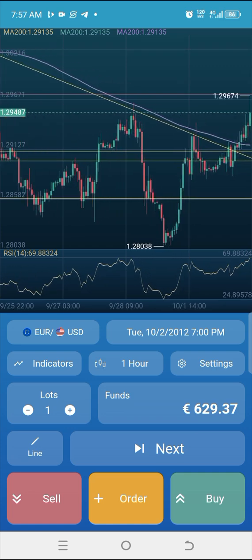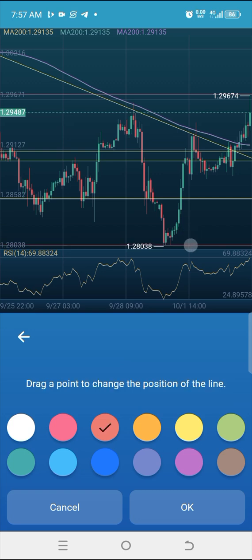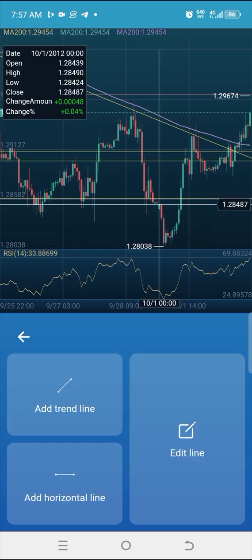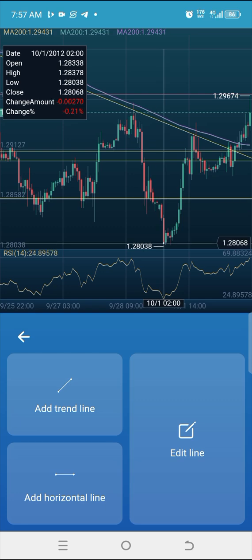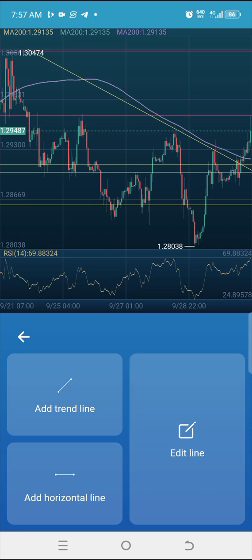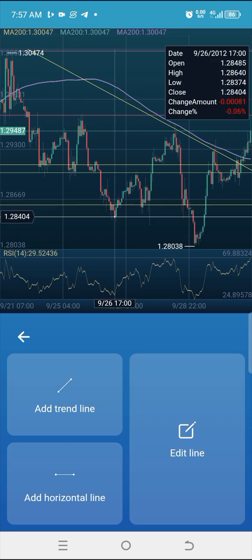And see. Hold on. So it's 24, which is showing an oversold point. And at times you also have to look for the previous low, which is 29.